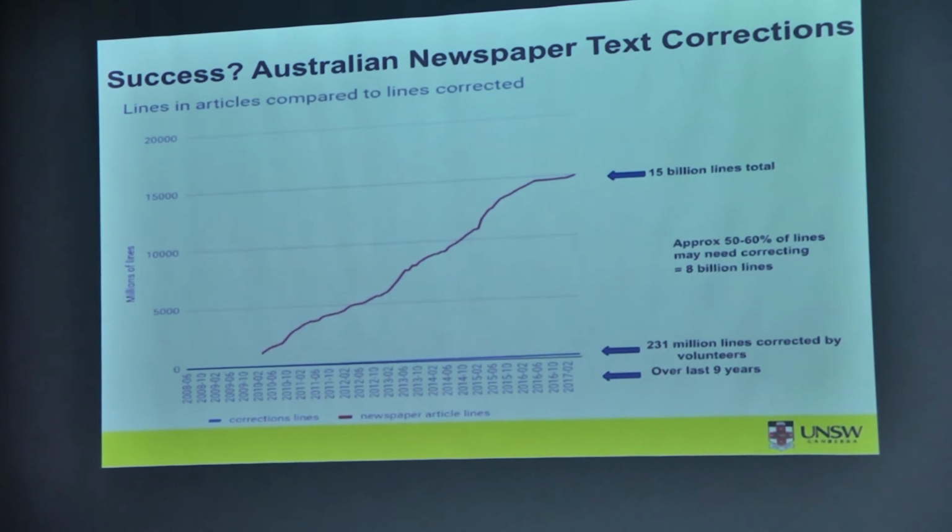Based on research data, I believe that perhaps half to 2/3 of the articles have lines that need correcting, which is approximately 8 billion lines. The blue line at the bottom shows the actual lines corrected by volunteers so far, which is 231 million.